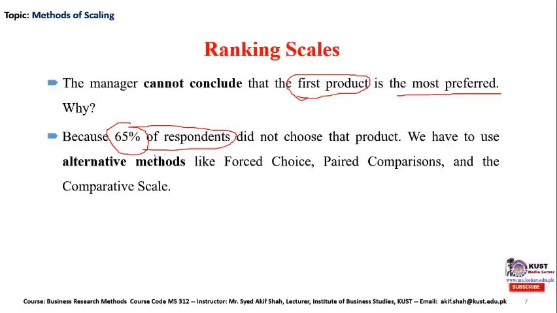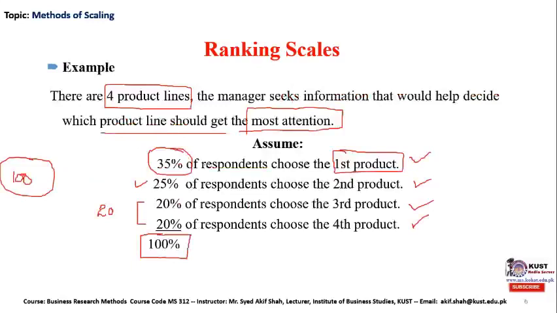We have to use an alternative method in this regard, with the help of forced choice, paired comparison, and the comparative scales to elicit the desired answer. So this was the meaning of not a definitive clue, because the manager cannot infer that the first product line should be given the most attention. The reason is that 65 people in this survey or questionnaire have not selected the first product line to be given the most attention by the manager.